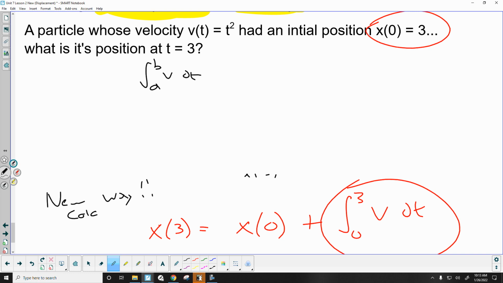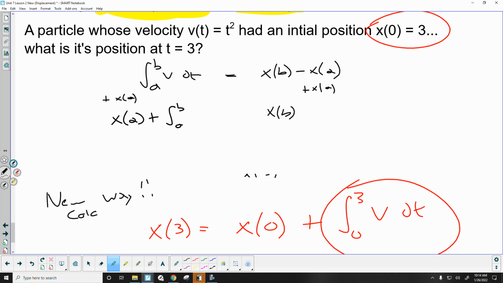Using a calculator, your calculator can find an accumulation. What can you do? Take an antiderivative and subtract positions. Ready? I could solve this for x of b by adding x of a. And all of a sudden, I have a new formula: my unknown position equals my known position plus my displacement between the two.